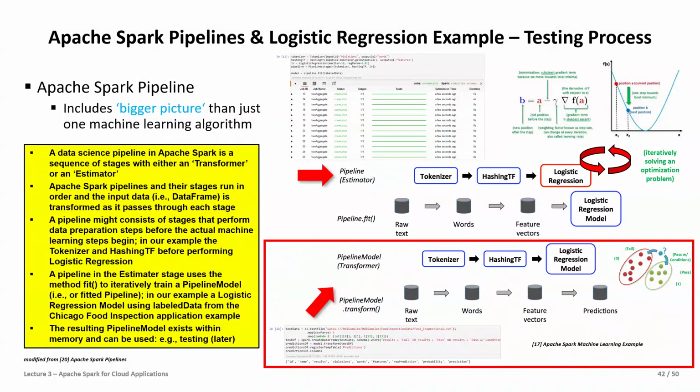This gives us the opportunity to use the pipeline we have created again. But the difference now is, of course, that we have the model available, right? We trained that already. Hence, here we reuse the model in Python, transform the test data frame we have used here, and then get the prediction out with new unseen data, which is our test set, and can now evaluate and work with it.